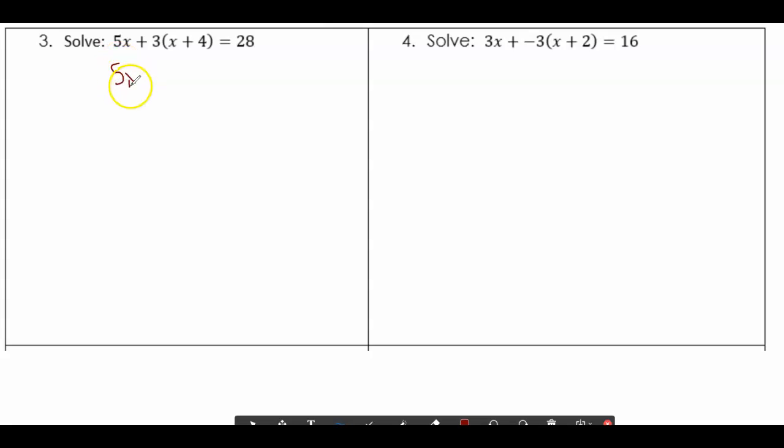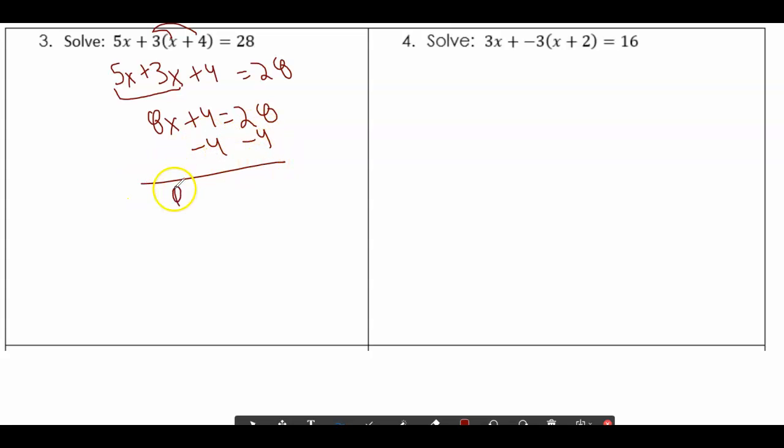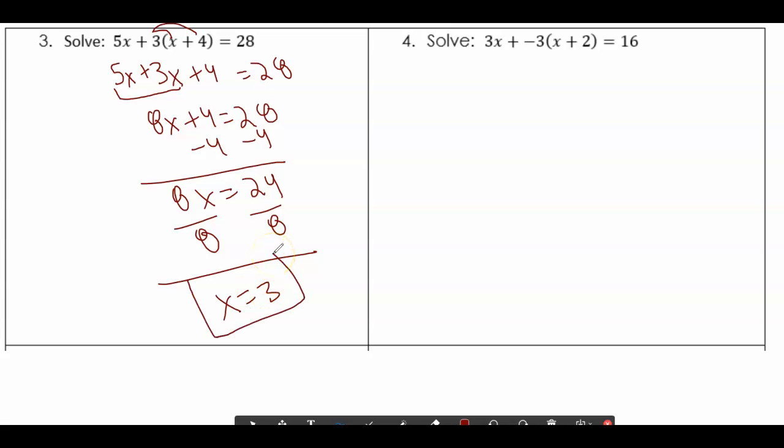So I want to simplify each side first, use the distributive property when I can, so I can distribute that. Ooh, I made a mistake here. There should not be an x. So I'm going to combine like terms. Now I'm going to get all my variables on the same side, so I'm going to get my constants on one side.